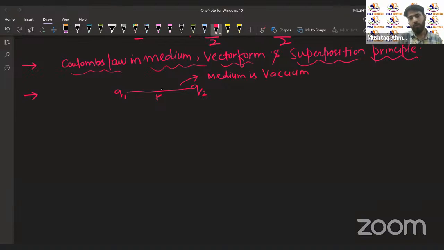If these two charges are placed in a vacuum, separated by a distance r, then the electrostatic force between them is given by Coulomb's law, that is 1 upon 4 pi epsilon naught q1 q2 upon r squared, where epsilon naught is the permittivity of free space.